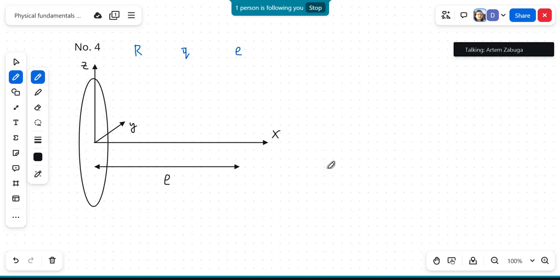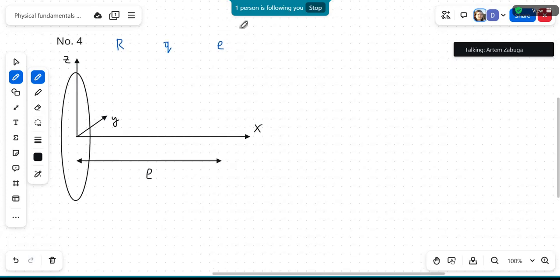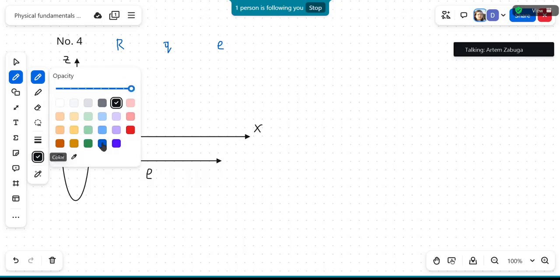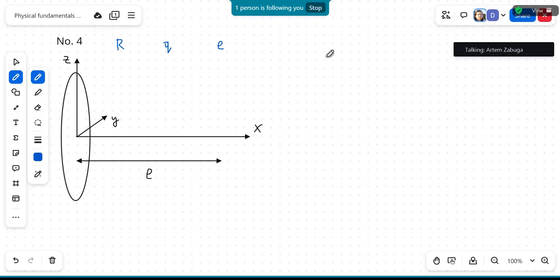Okay, no ideas. I think we can use the formula for the absolute value of electrostatic field intensity.